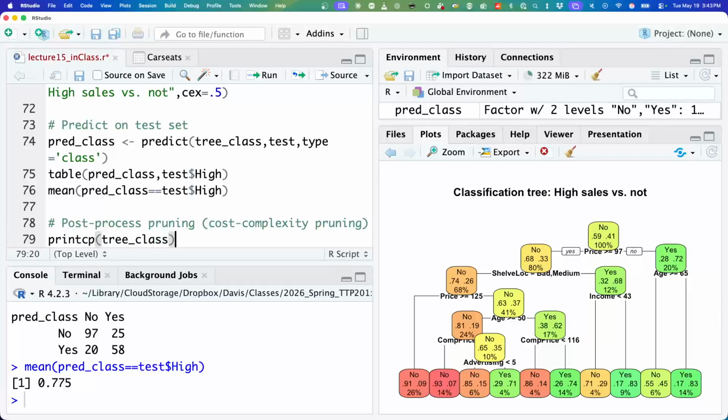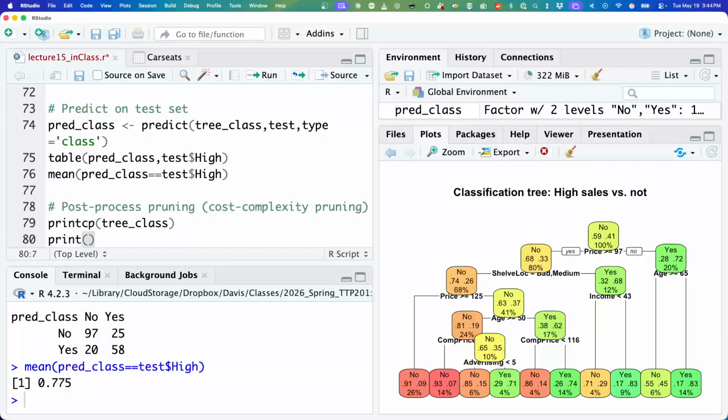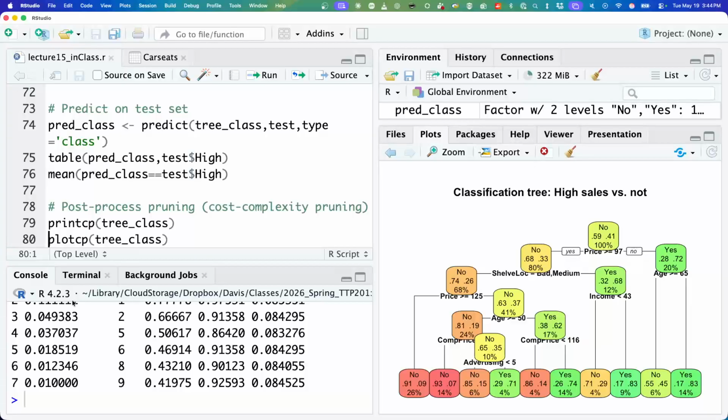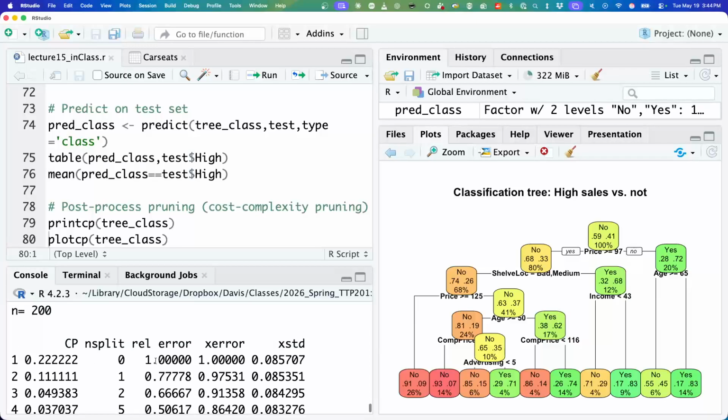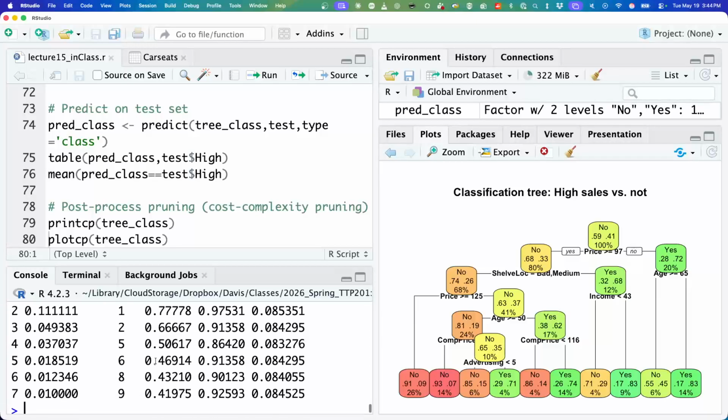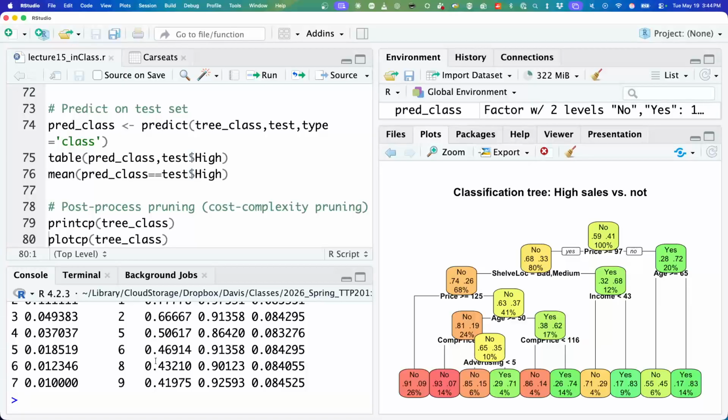CP. Oh, plot CP. I don't know how necessarily useful this is, but at every split, this will tell you how much the purity is improving based on whatever metric we're interested in.